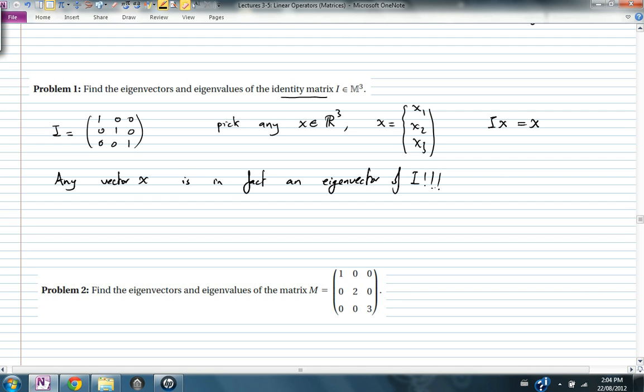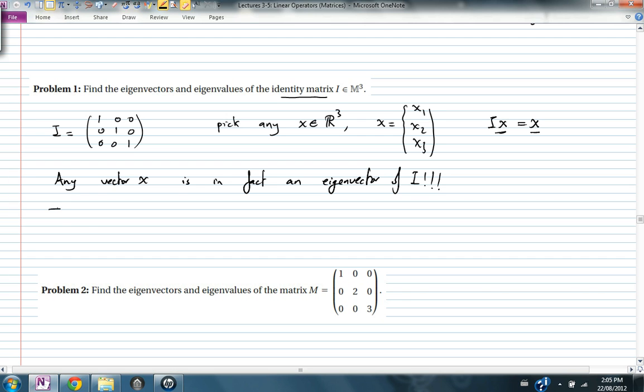Remember, the definition of the eigenvector is that when the matrix is multiplied by this vector, it stays in the same direction. And since when I multiply I by the vector it keeps itself, it's in the same direction, and therefore any vector is in fact an eigenvector of I.